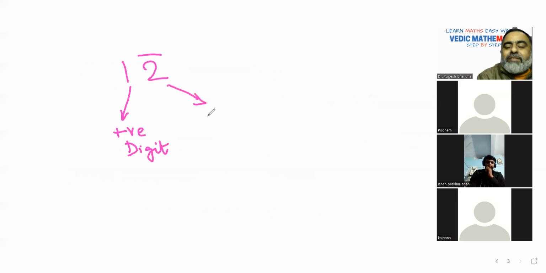Let's see an example. 1, 2 bar. Now 1 is a positive digit, and 2, since it is having a bar, is a negative digit. Now, what is the value?